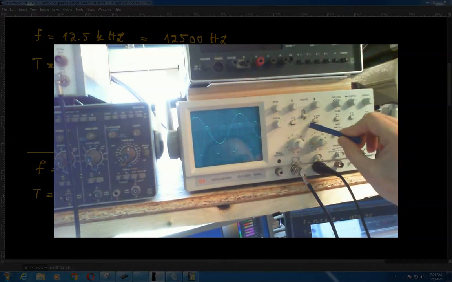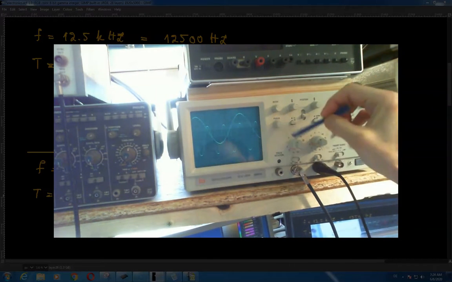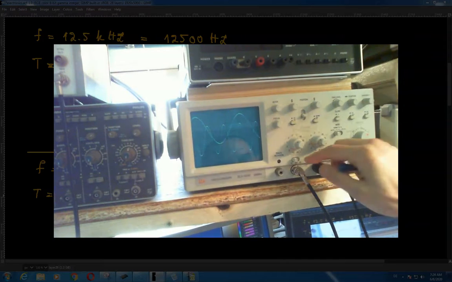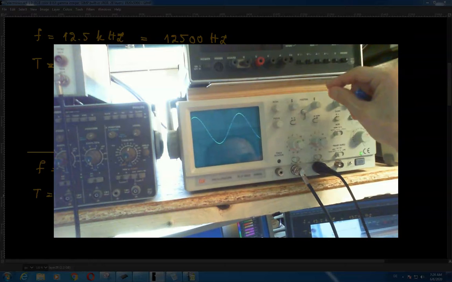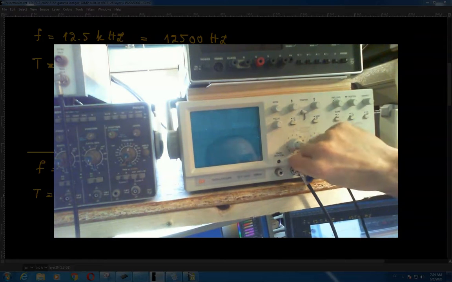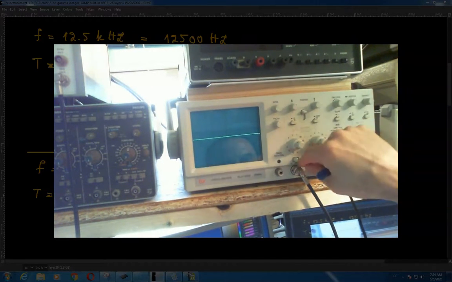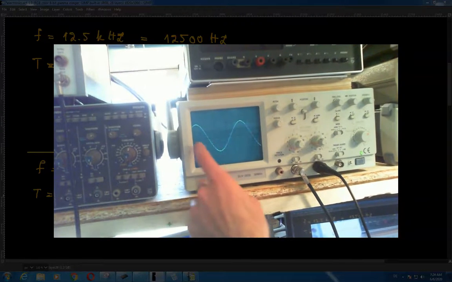This is 5 volts per division, which means that each of these divisions is 5 volts. If I go to channel 1 and center this channel around the baseline, and now go to AC, I can see this signal over here, right?